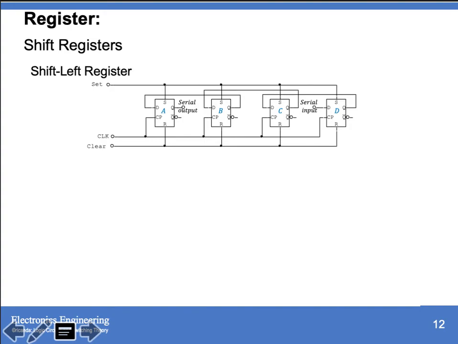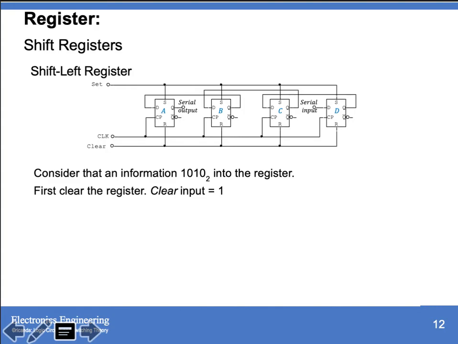So if we consider this information 1010, we have to store that into the register. First, we have to clear the value inside your register by putting clear input to 1. Therefore, your register with latches A, B, C, and D has an initial value of 0.